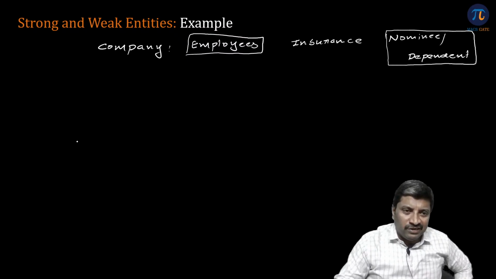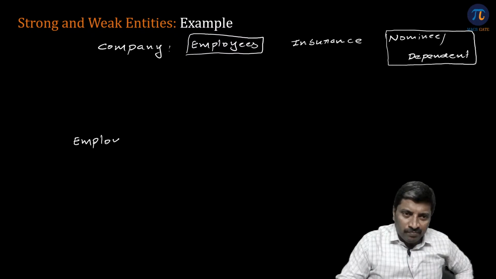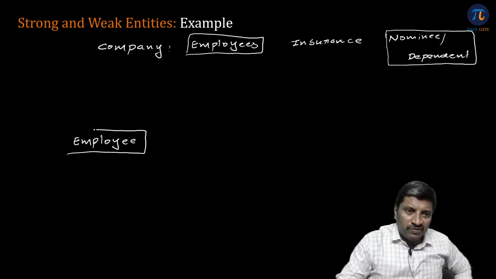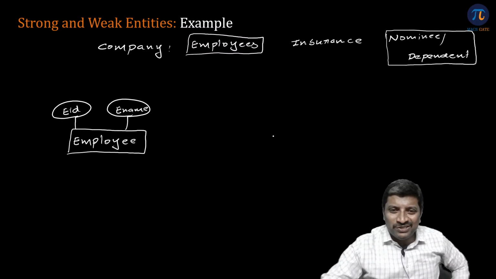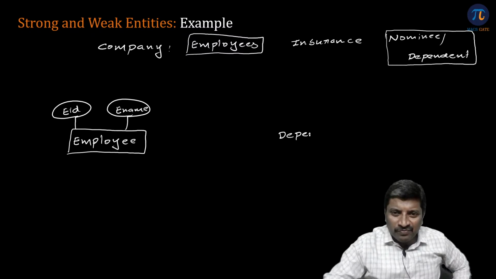So let me write the diagram. Employee, in which I consider only two attributes. You can consider any number of attributes, but we will need space to write all of those, so let me consider only this. Let me write dependent, or nominee. Simply, let me write dependent.